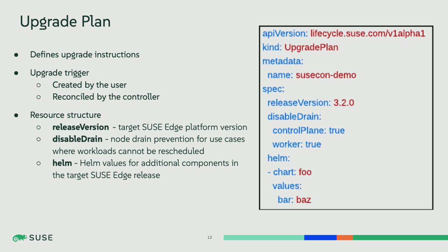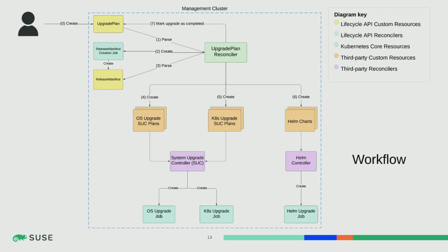Now, moving to the next slide, now that we understand the core resources that the upgrade controller works with, let's look at its general upgrade workflow. As Atanas mentioned, the only thing that the user needs to do is deploy the upgrade plan, and the upgrade controller, of course, is a Kubernetes operator.